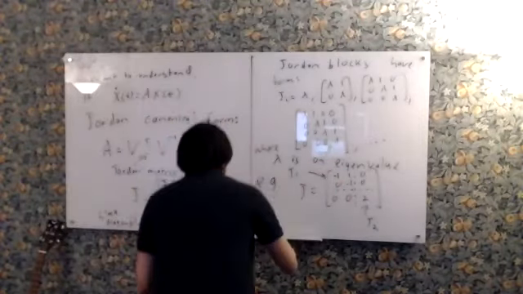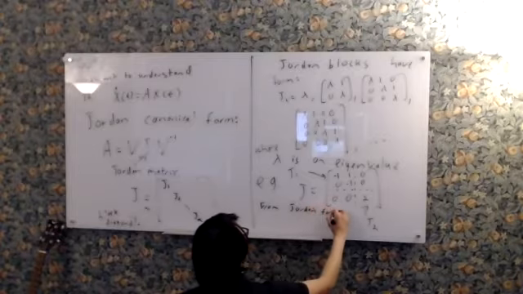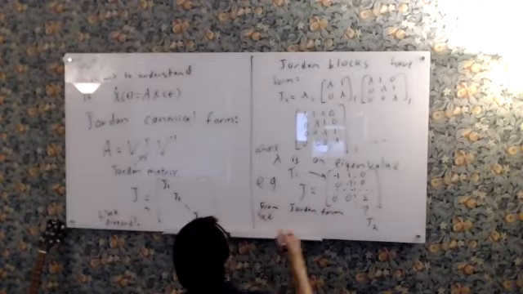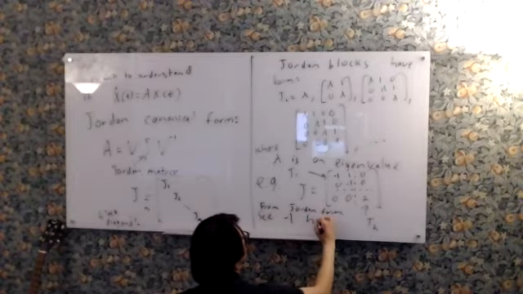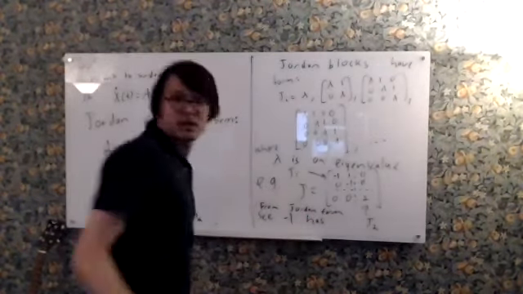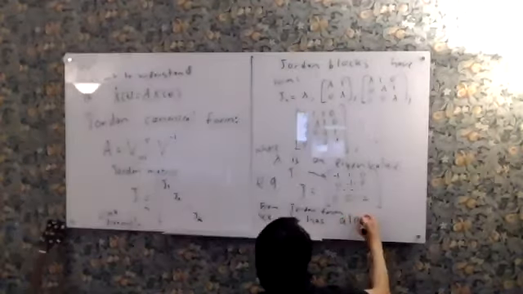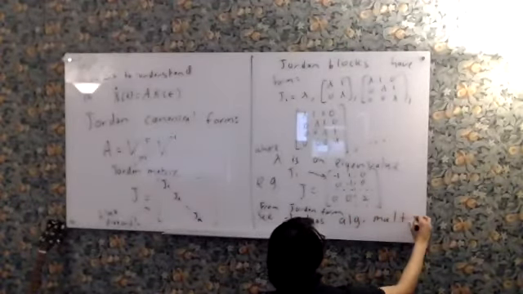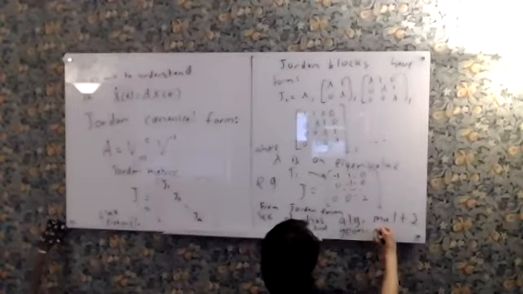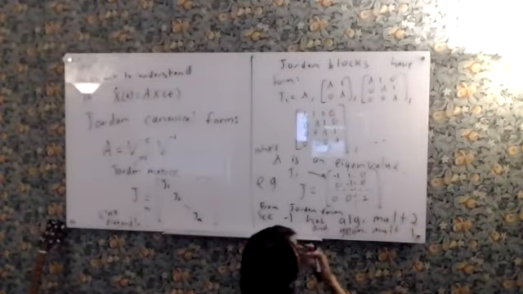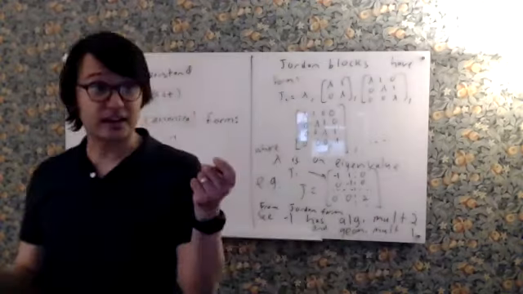So from the Jordan form, we see this eigenvalue has algebraic multiplicity 2 and geometric multiplicity 1, because there's one Jordan block here.